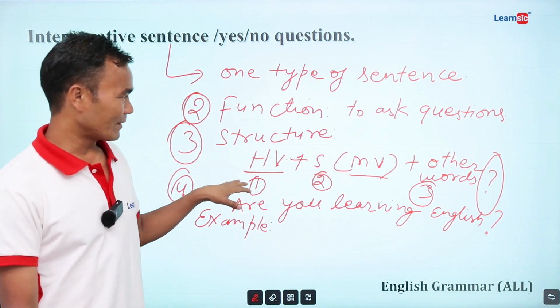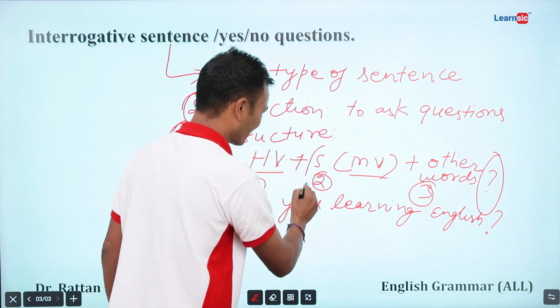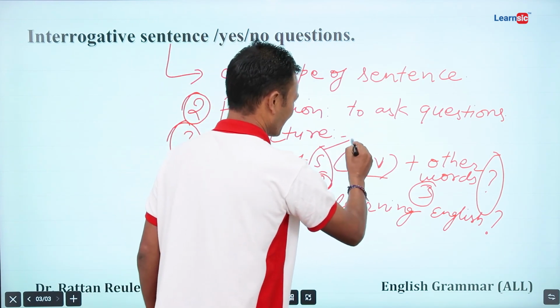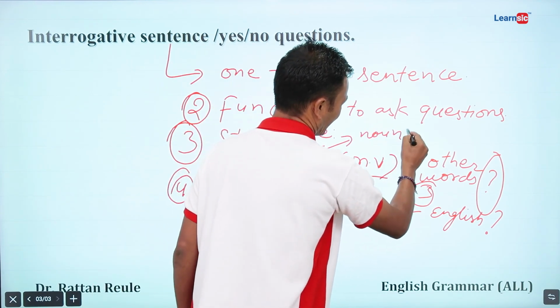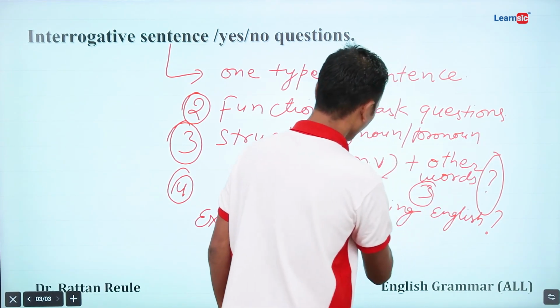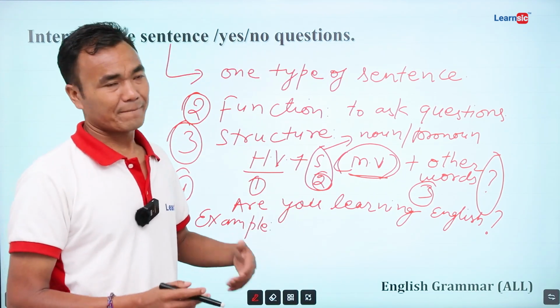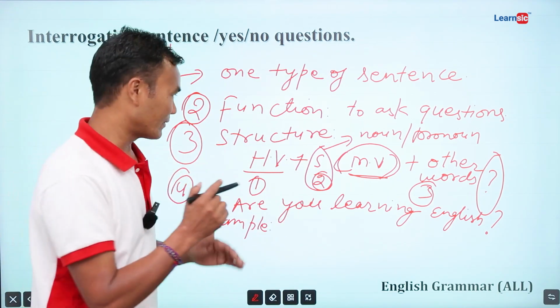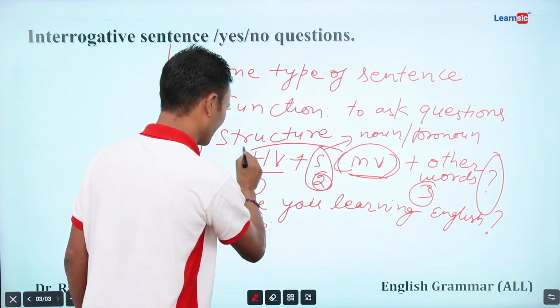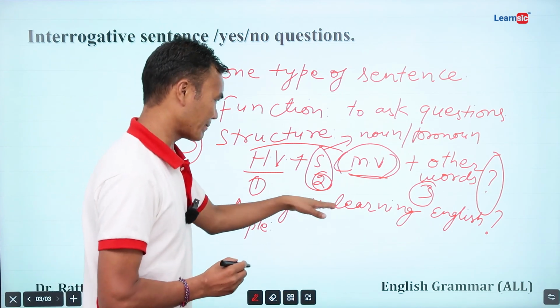It starts with the helping verb and the subject, noun or pronoun. We all know that subject is only noun and pronoun. Then the main verb concept is there. Sometimes there is a main verb according to the helping verb. That is, according to the helping verb there is a relation. And then other words.